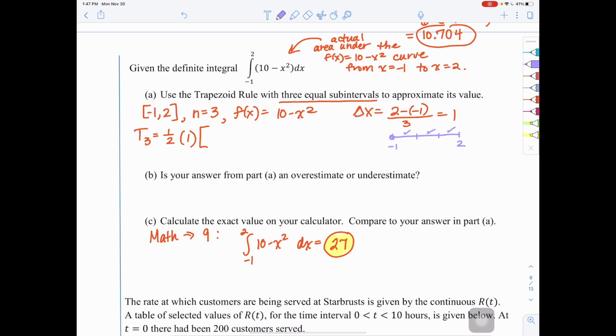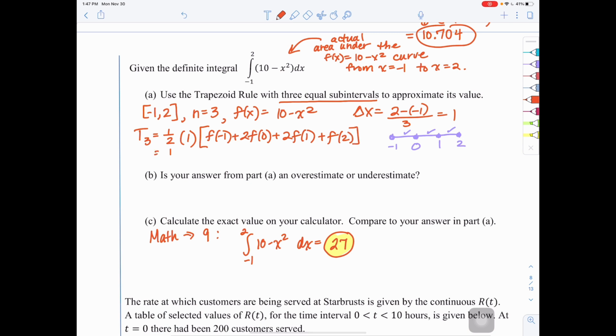So we'll be using all of these points in our trapezoidal rule. So sometimes it's just nice to make a number line. Okay, so we have 1 on the outer, f of -1, plus 2 f of 0, plus 2 f of 1, plus f of 2.